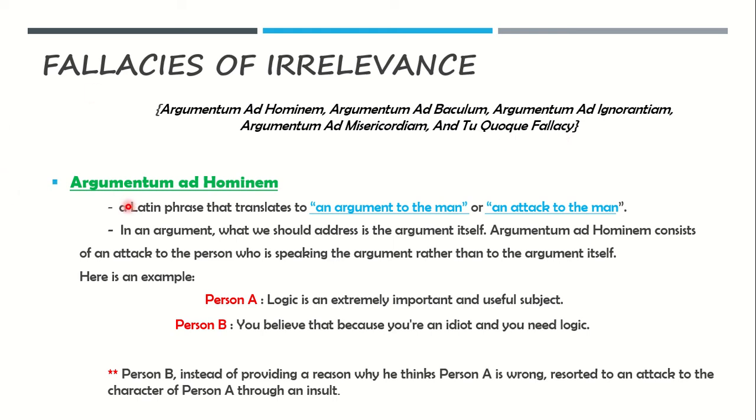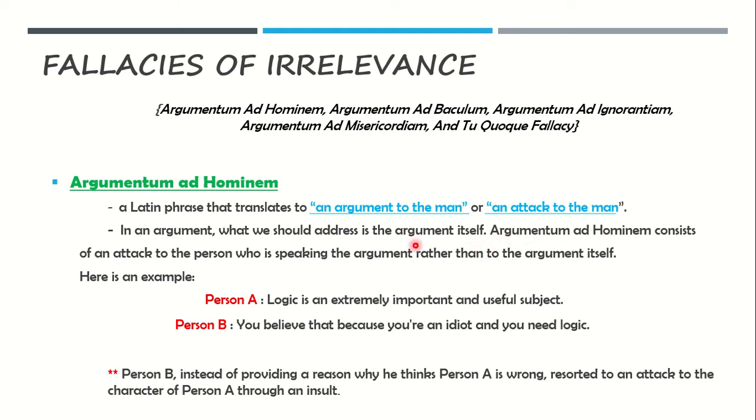So let us first deal with argumentum ad hominem. Alright, so argumentum ad hominem comes from a Latin phrase that translates to an argument to the man or an attack to the man. In an argument, what we should address is the argument itself.